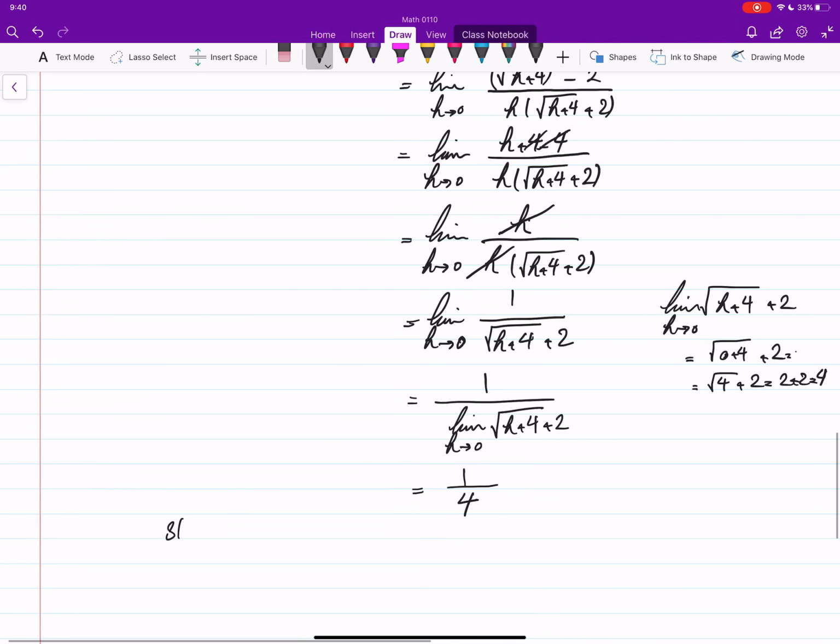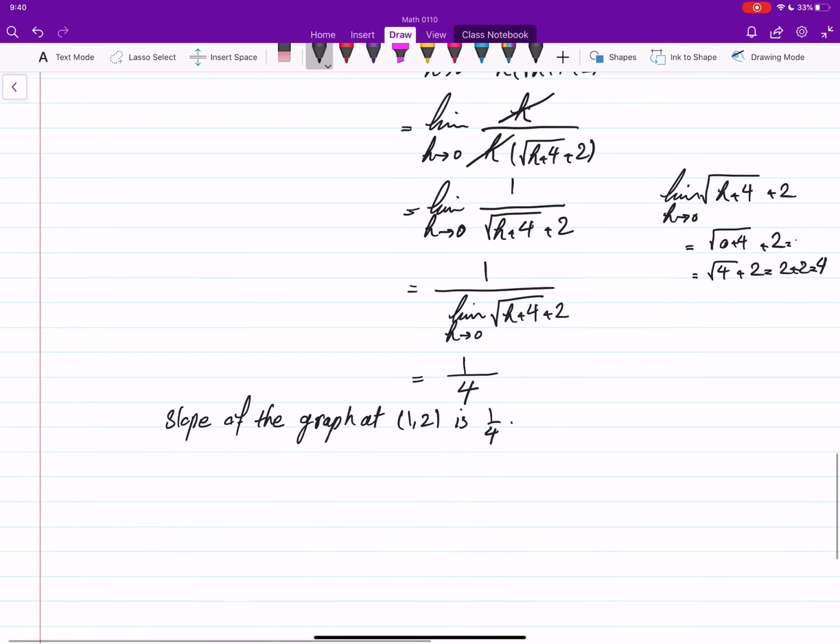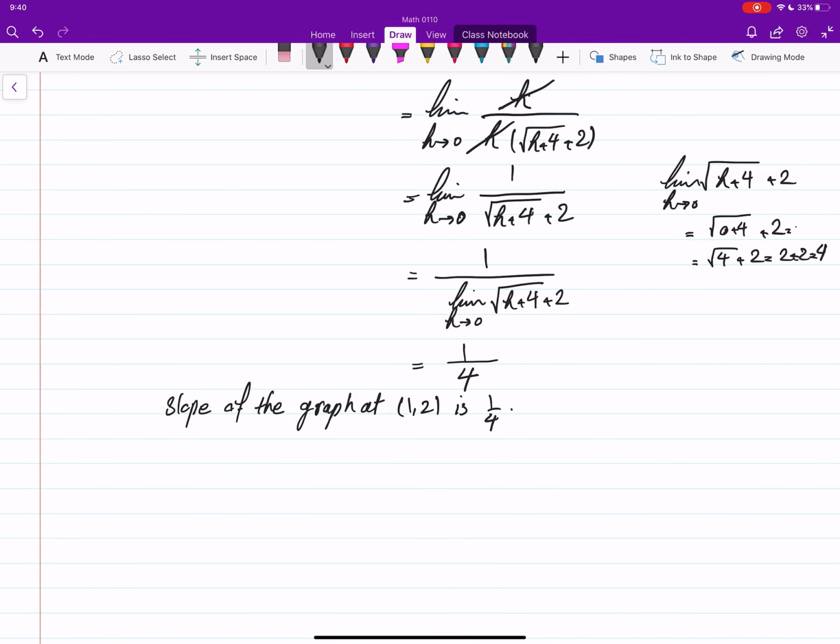So the slope of the graph at (1, 2) is 1 over 4. Okay, that's what we were looking for. Although we were also interested in the equation of the tangent line. So y minus y1 equals 1 over 4 times x minus x1.